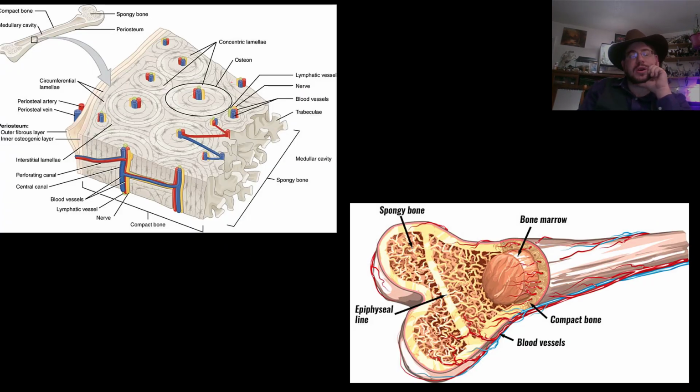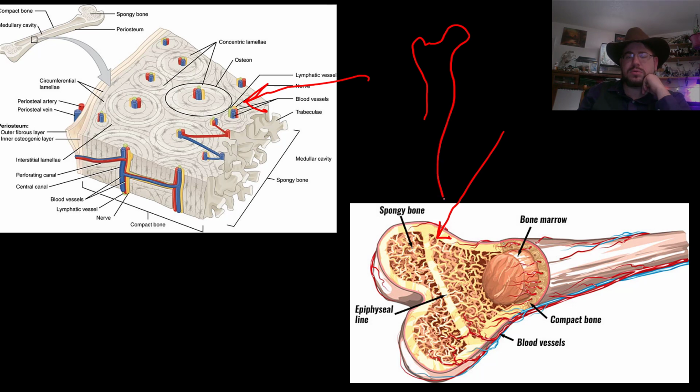And so again, here's our compact bone, where we have those multiple osteons growing together, creating this very thick bone. And then over here, you can see the spongy bone at the head of a long bone. So if you look at a long bone in the body, like the femur, you're going to have spongy bone anywhere you have to resist impacts.